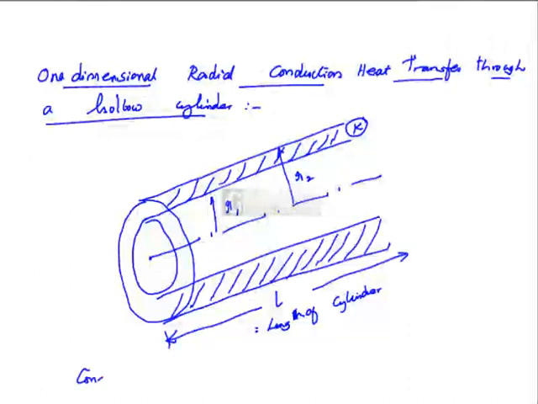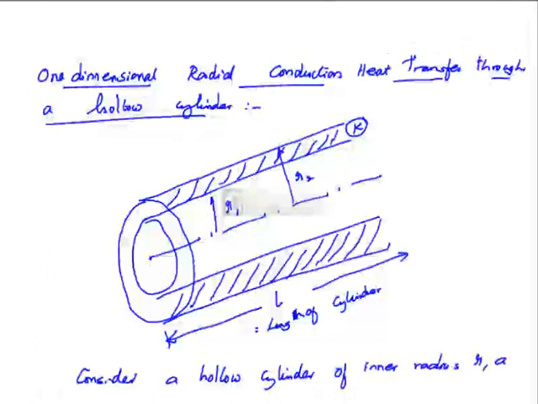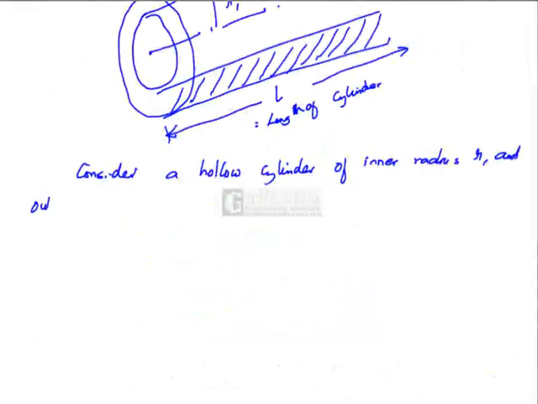Consider a hollow cylinder of inner radius R1 and outer radius R2.